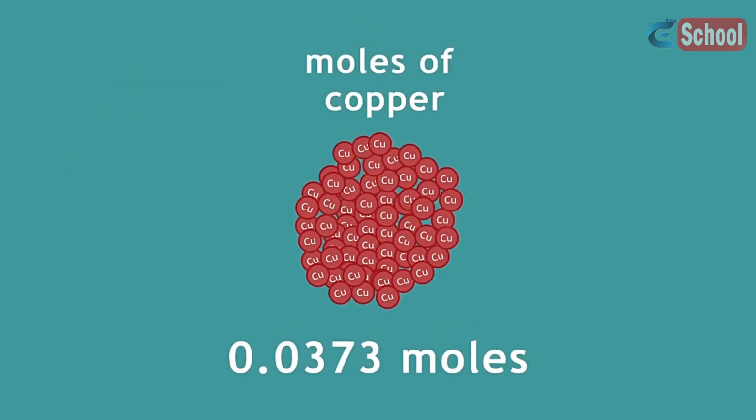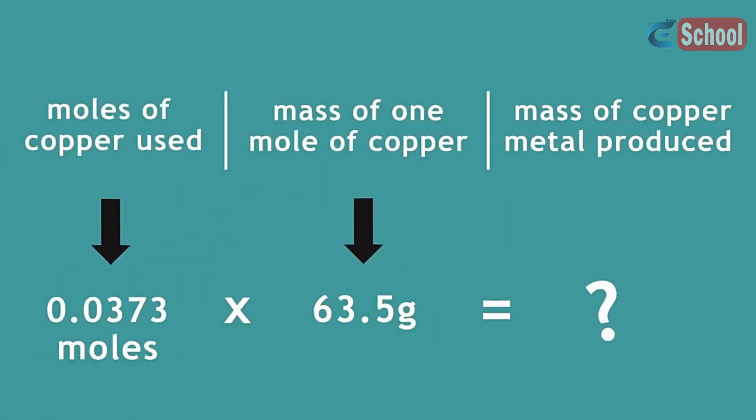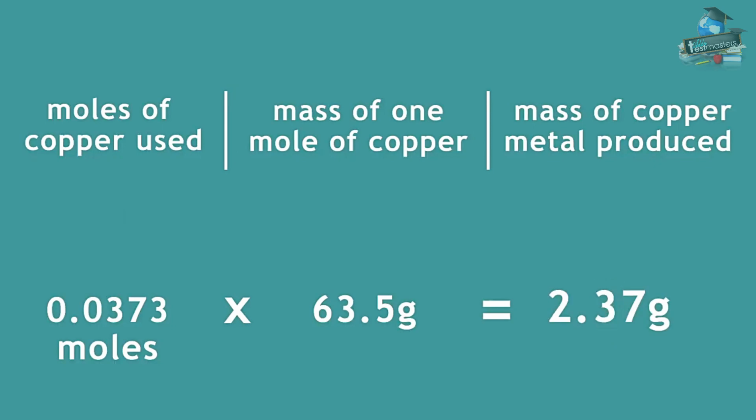Now we know how many moles of copper we've used, and that 1 mole of copper has a mass of 63.5 grams, you can obtain the mass of copper produced. Try it now. Pause and then resume the video to check your answer. The answer is 2.37 grams.